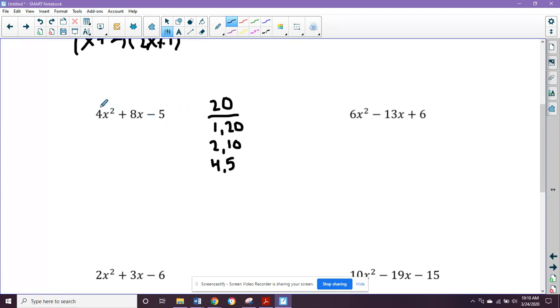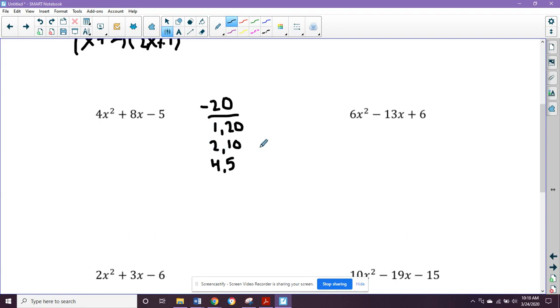So we need factors of 20, but it's going to be negative 20 because 4 times negative 5. We need factors that add or subtract to give us positive 8.